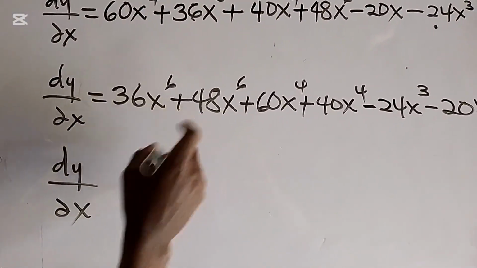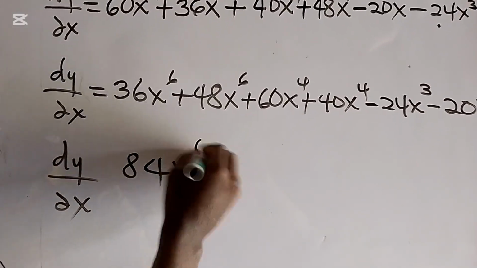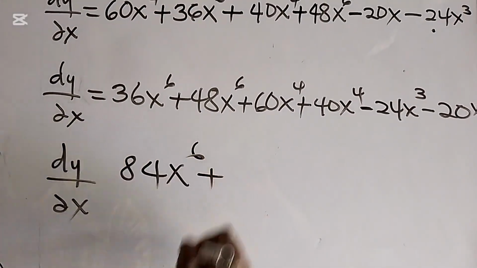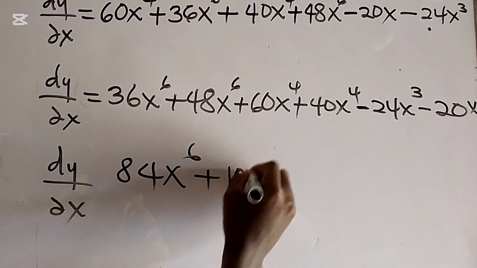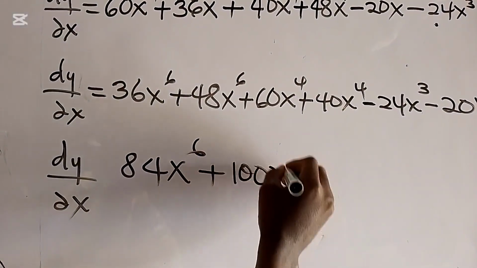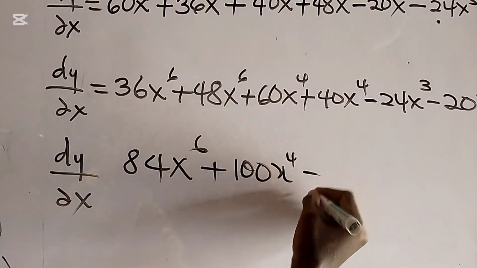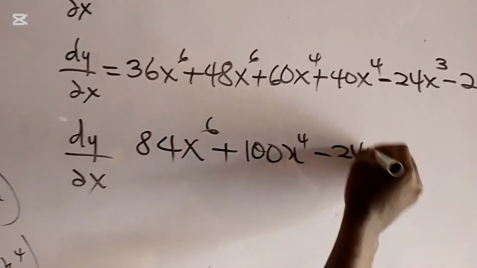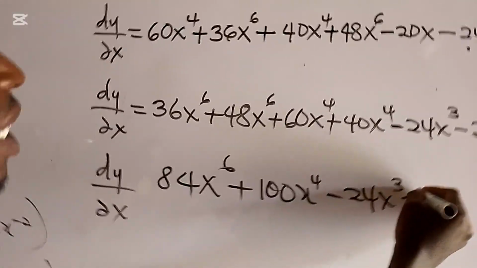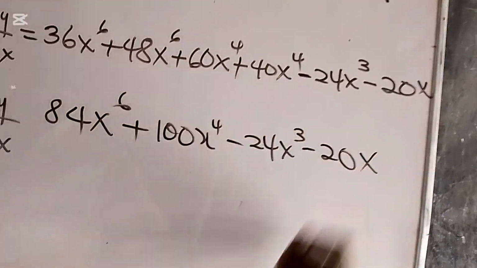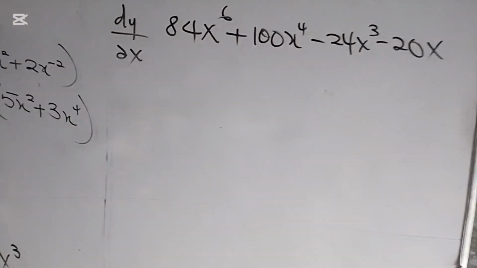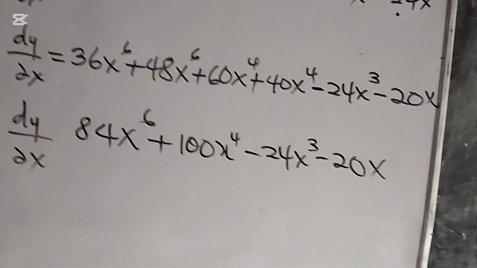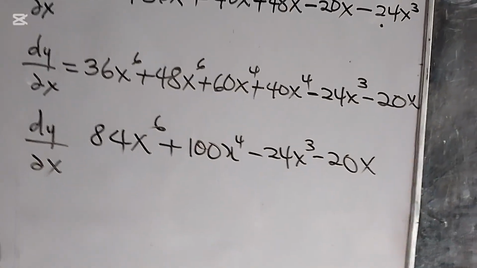So we have 84x to the 6th power plus 60x plus 40x gives us 100x to the 4th power. Then we have minus 24x cubed minus 20x. So this is the solution for the 4th and our final question.